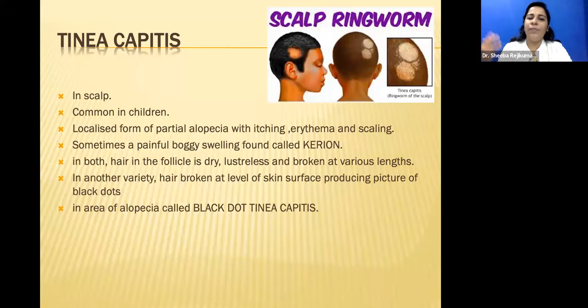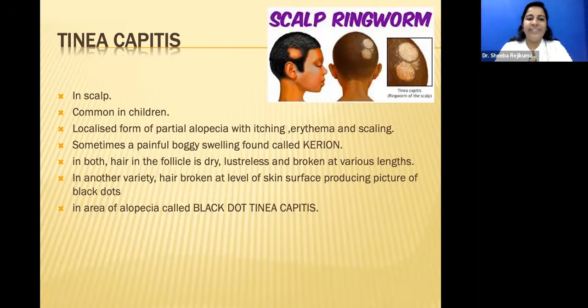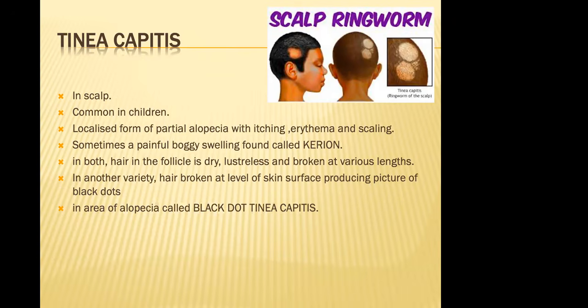One, the hair in the follicle is dry, lusterless, and broken at various lengths. And in another variety, the hair will be broken at the level of the skin surface, producing a picture of black dots. If you see the surface of the infection, you'll be seeing some black dots because the hair is torn off from that part. Okay, that is also a case of tinea capitis, and that area of alopecia is called black dot tinea capitis.